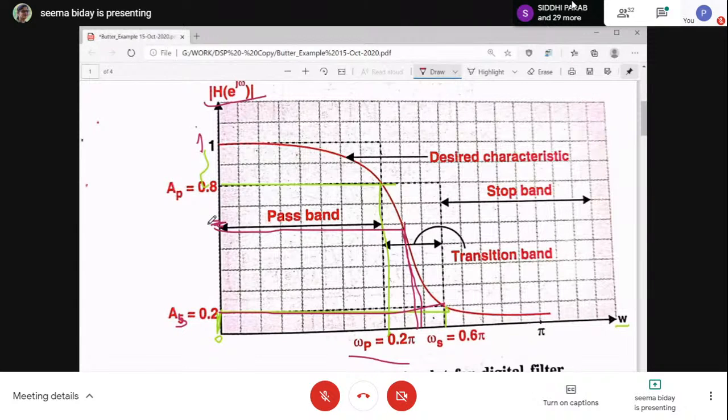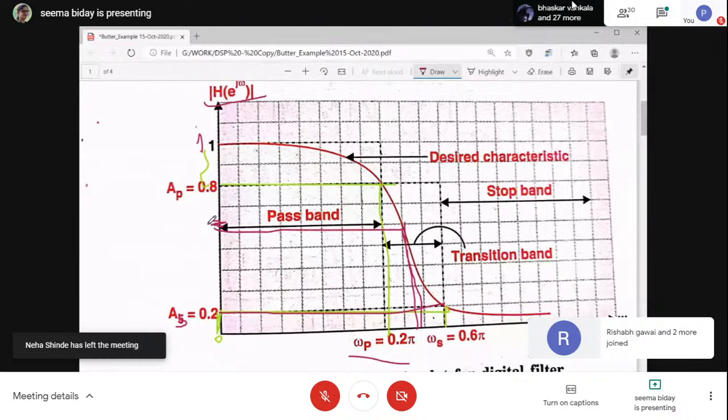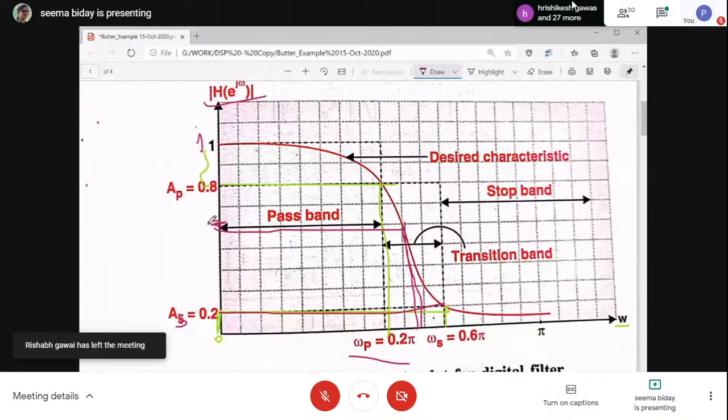The options are 1 by root 2, 1 by 2, and 0.75. Tell me which option is correct. Which option is correct?